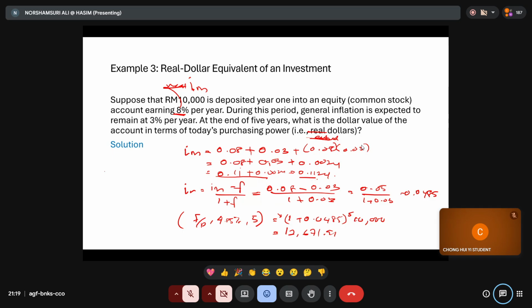Using the same formula, you can get this value. So it's 11.24%, and this is 5 years, for example. So you put the same thing, 10,000 times 1 plus 0.1124, and then this to the power 5. So you can get the value.